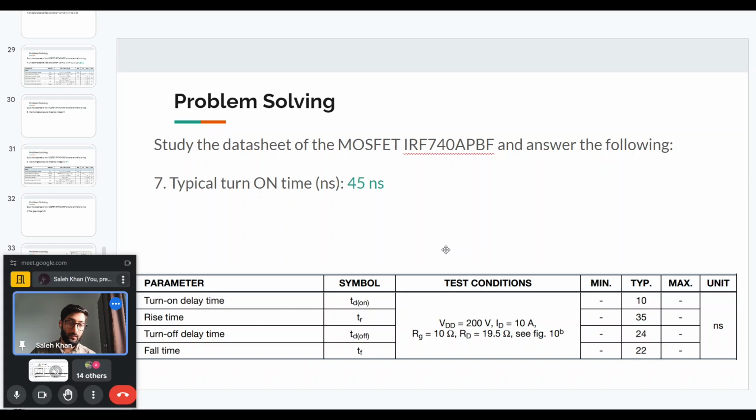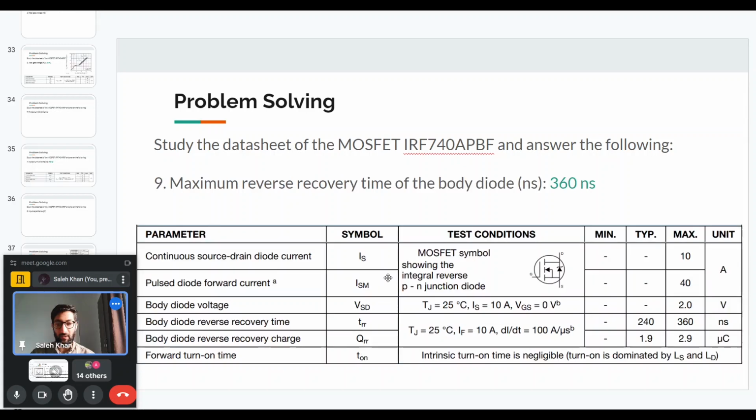Next, we are asked about the maximum reverse recovery time of the body diode. So again, this is given in the body diode section of the data sheet. The data sheet will provide us the source to drain diode current. So it is a negative current from source to drain. And this should be, as mentioned in the lecture, quite similar to the actual MOSFET current.